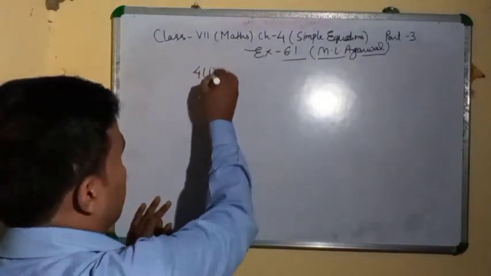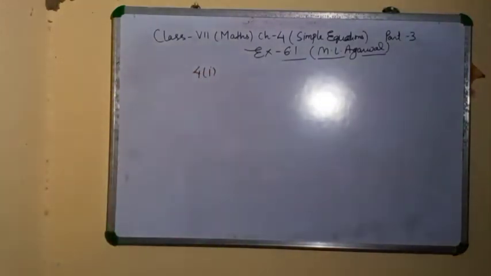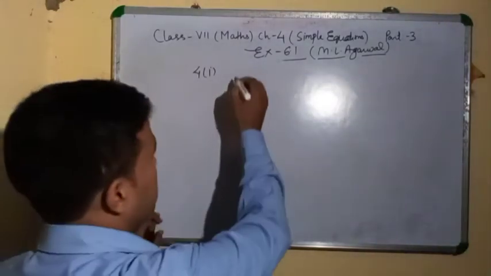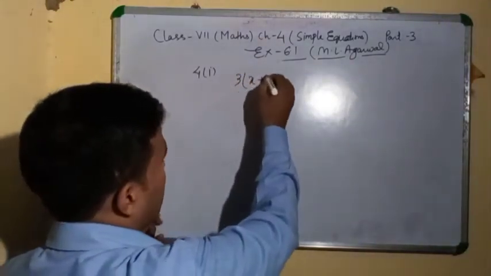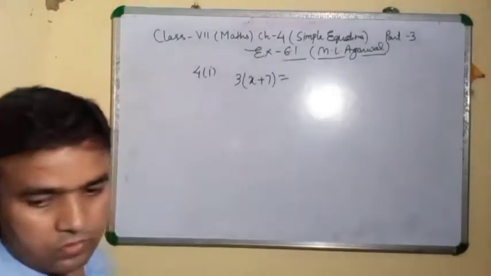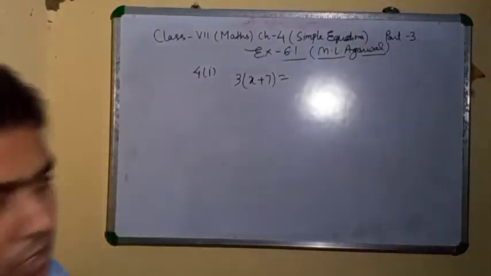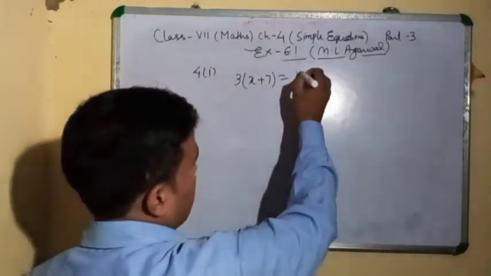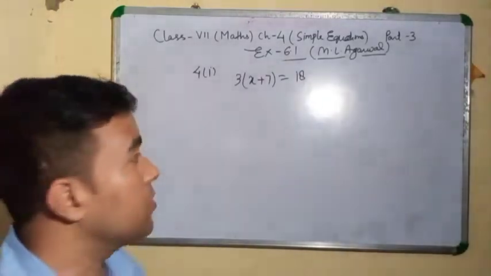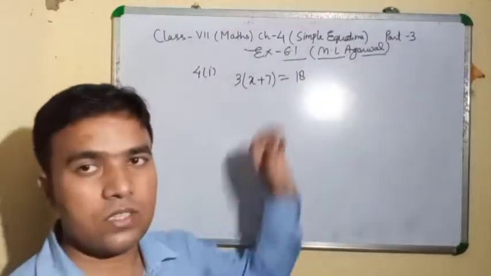Solve the following equation and verify your answer. Question number 4. 3 in bracket x plus 7 equal to 18. Clear?